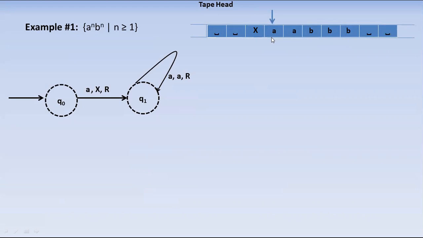So we need to understand how we are writing the transition. If you don't want to really change anything while moving right, then whatever symbol you read, you have to write the same symbol again, and you have to move towards the right.